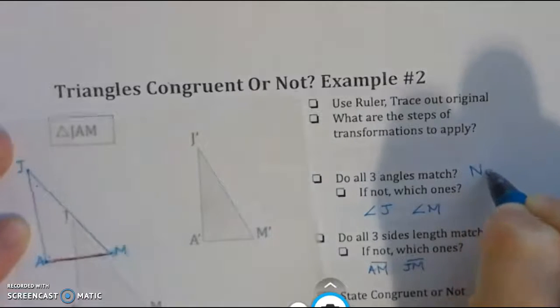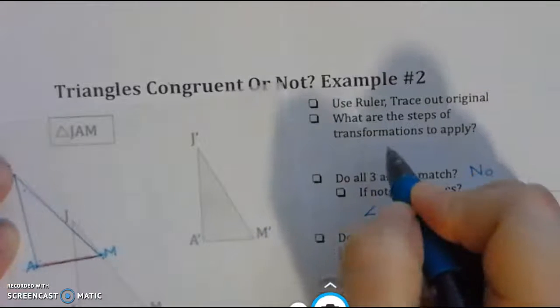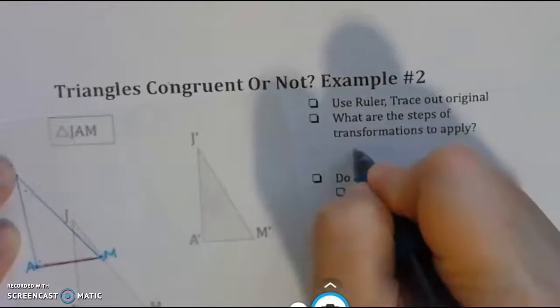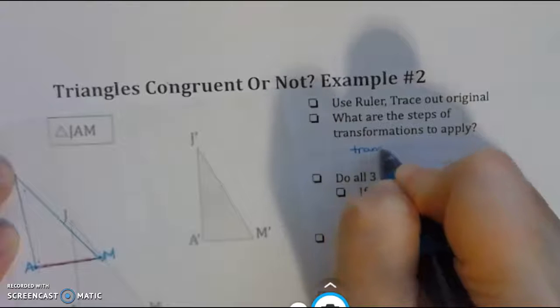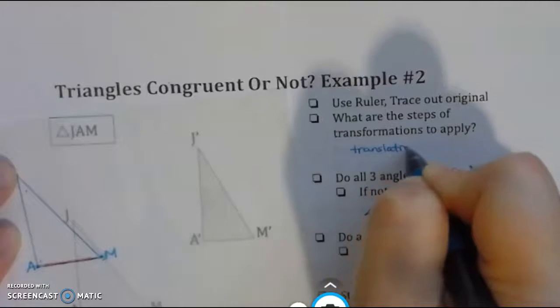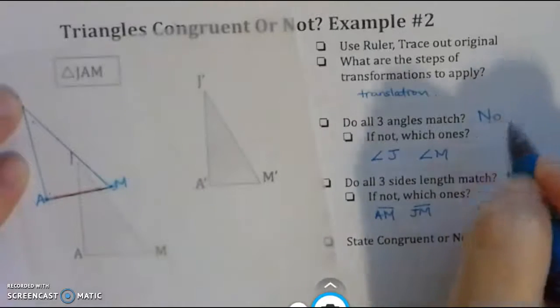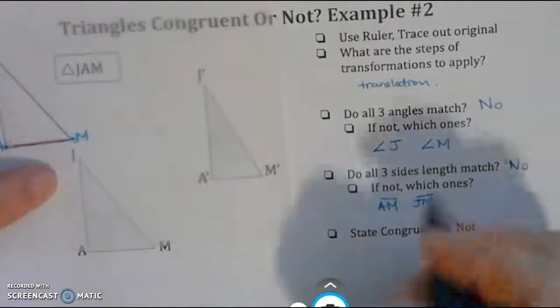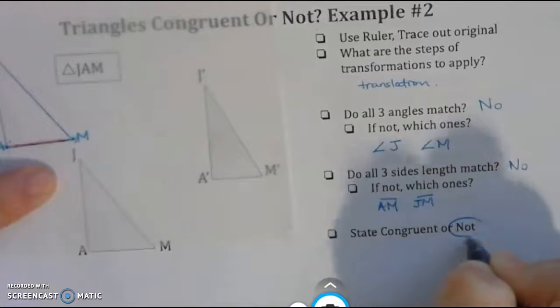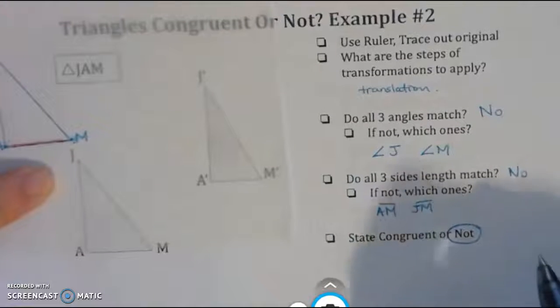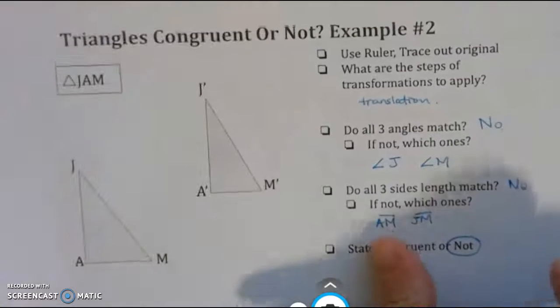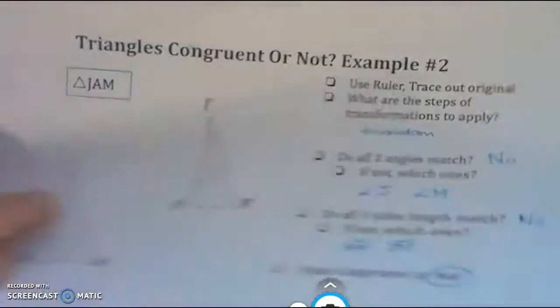So no, the angles do not match. What were the steps of transformation? We just did translation and it did not match. So we had some parts that did not match, and we say it is not congruent. The two triangles are not congruent. And we keep going with the rest as well.